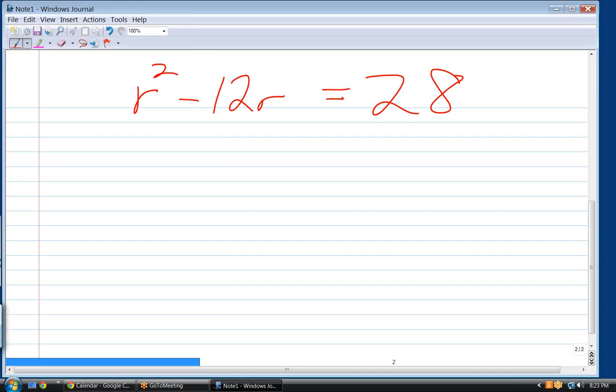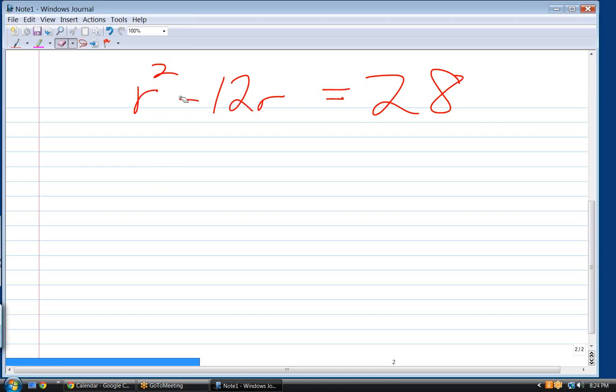Would you want to square root the left side and the right side? In other words, it doesn't do any good to take the square root of that. I don't know what the square root of that is. You can't take the square root of that.